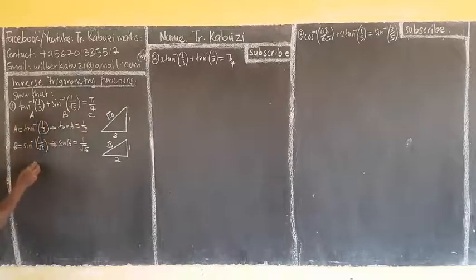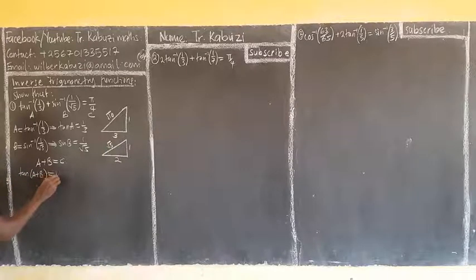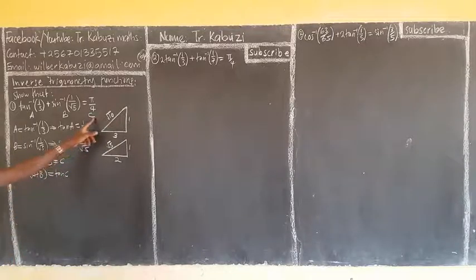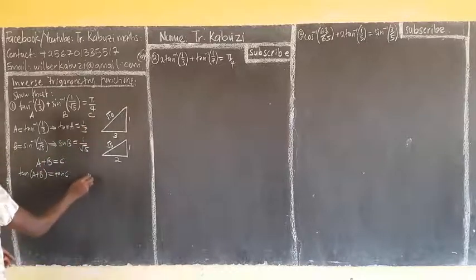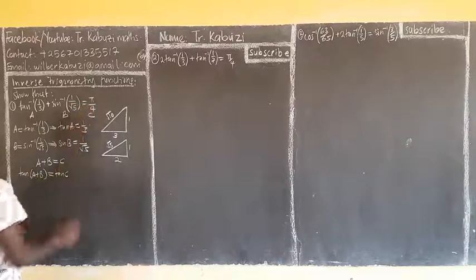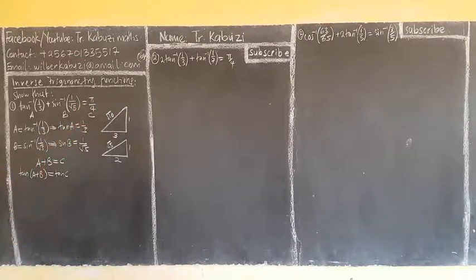Now from here we have A plus B is equal to C. Introduce tan on both sides. So we now have tan of A plus B equal to tan C. We want to see what this is equal to, so we simplify this.